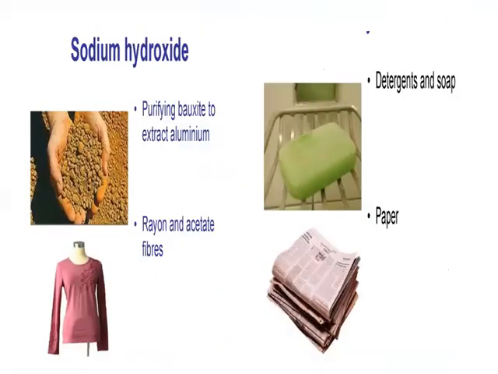As said, sodium hydroxide is used as purifying agent to purify some of the minerals, ores such as bauxite to extract aluminium, to make artificial fibers like rayon, detergents and soap, and paper.